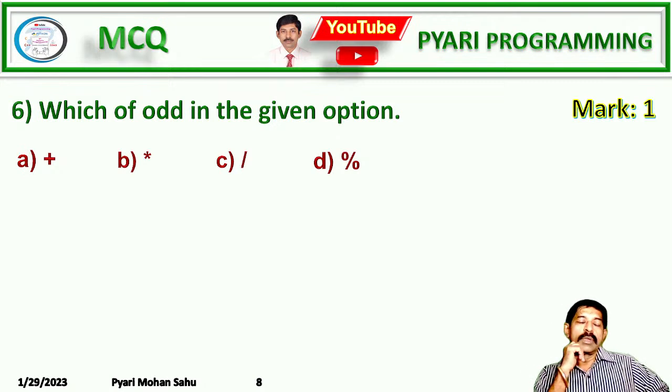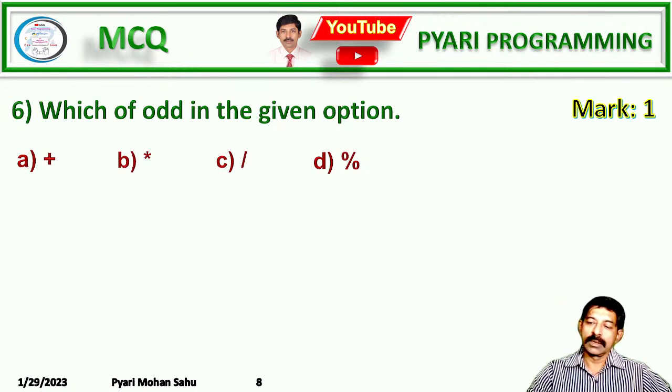We have these operators. Now you have to categorize the operators, then only you can find out which one is the odd one in this. Everyone can answer this, 8th, 9th, 10th. Varsha says 6A.